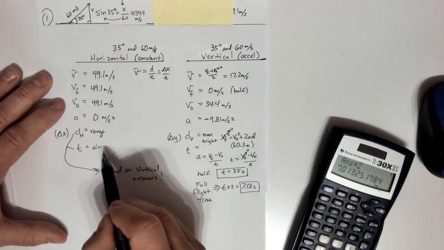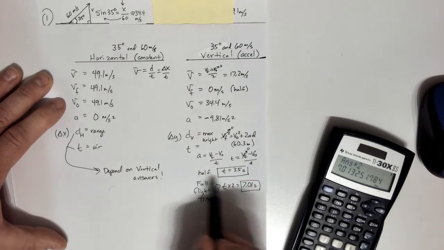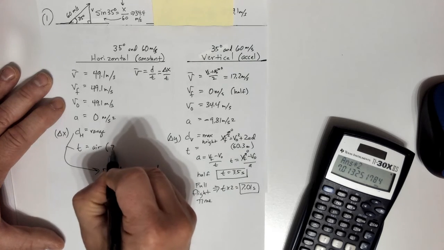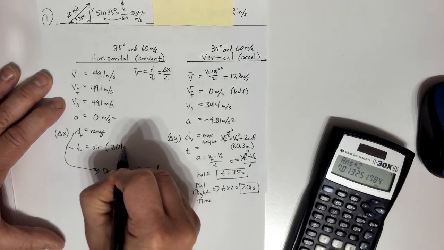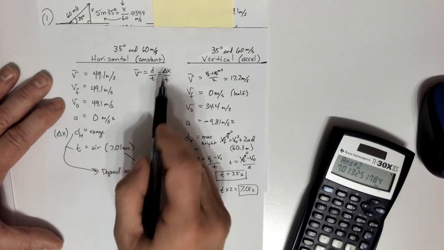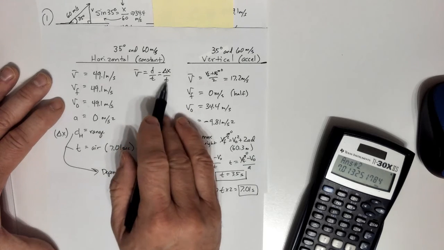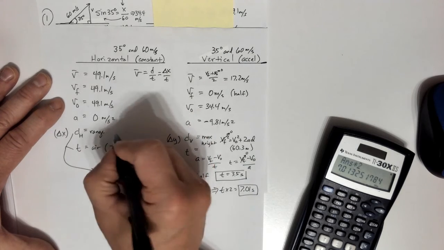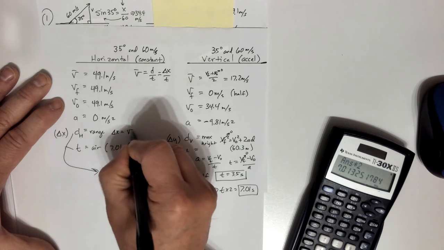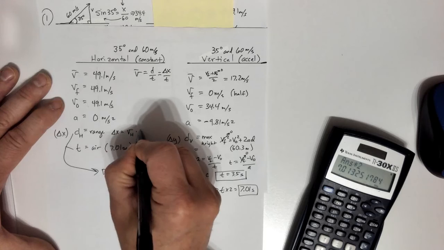So I want to solve for, I'm going to use this t, so I can just transfer this information over. Time in the air came from 7.01 seconds, okay? And that's because it depended on the vertical answers. Now to find range, I simply get x by itself. So I just multiply the t up. So the range, or d, equals v horizontally times time.